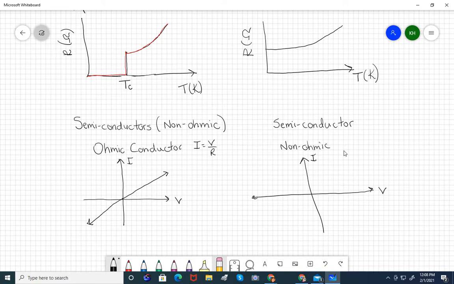They may allow charge to flow for positive potential, but it won't even be linear. It'll look like this. If you get to a certain critical voltage, all of a sudden you get really good current flow. And if you go negative, you may get virtually nothing, just some very minimal. So you can see lots of current when the potential is positive, almost no current if the potential is negative.